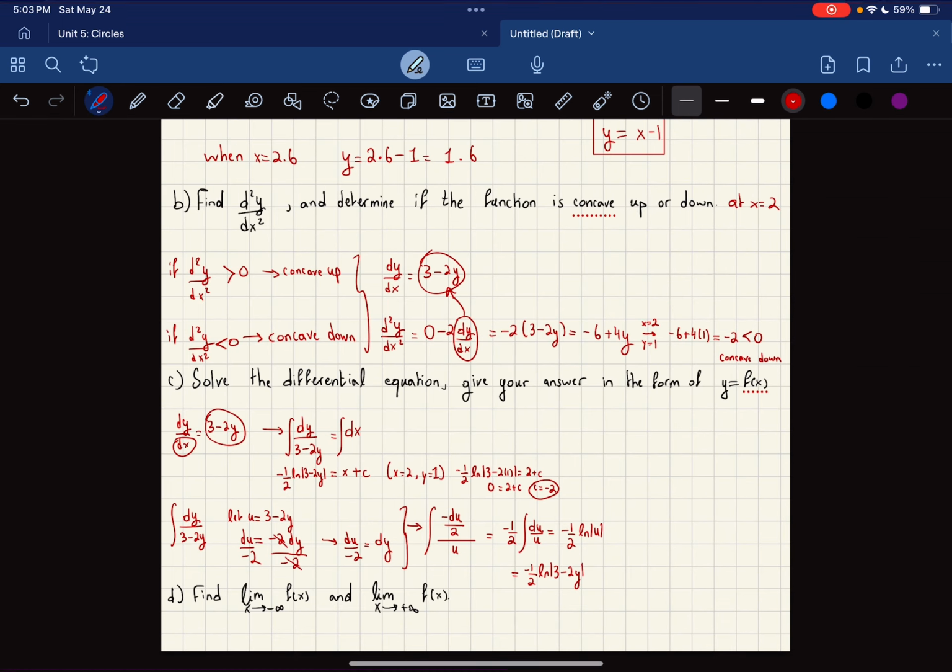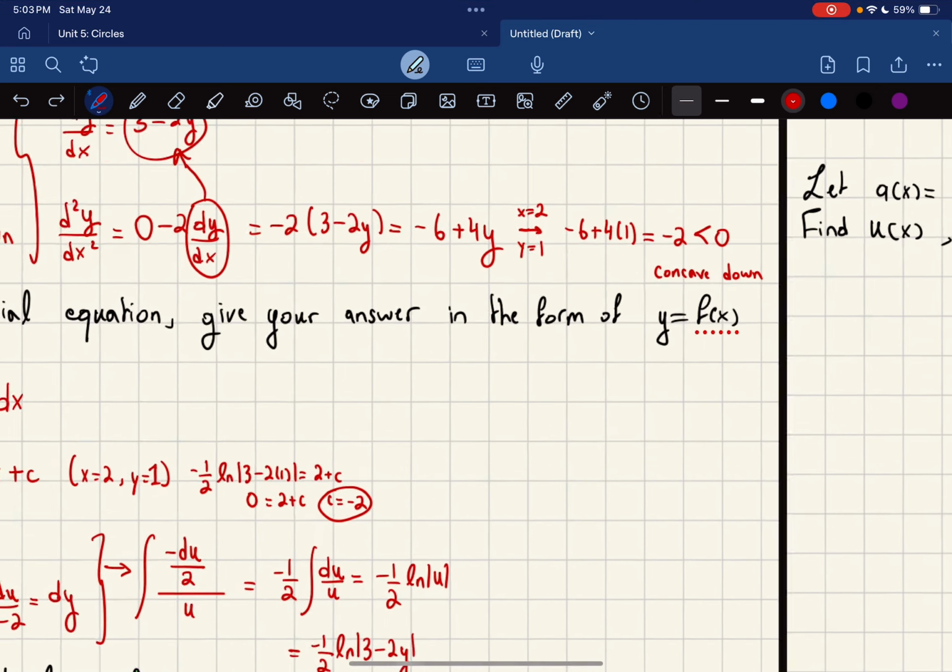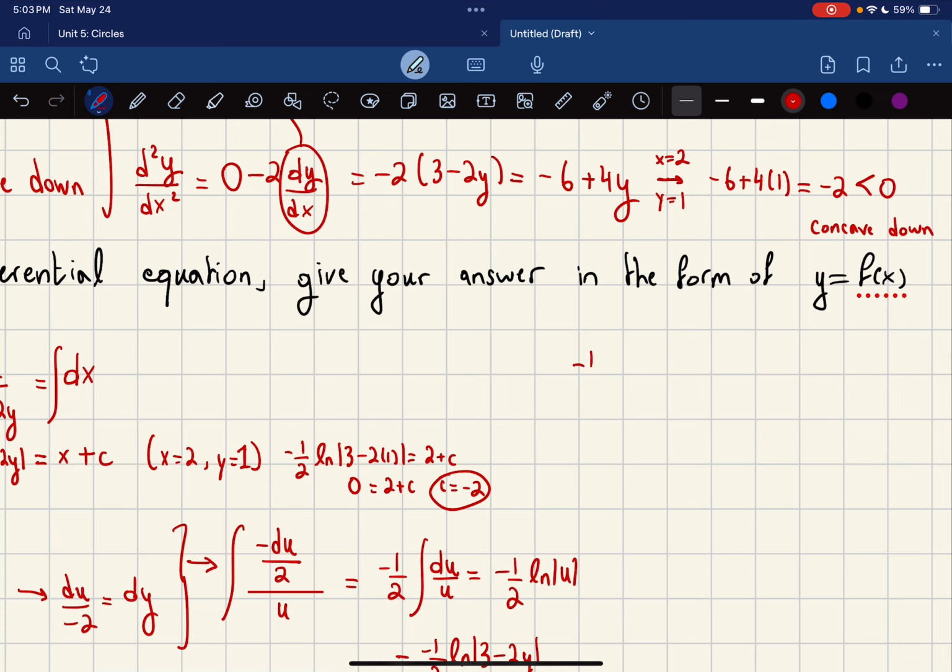So now I need to fix my equation. I'm going to rewrite what I wrote over here, but instead of c, I'm going to change it to minus 2. So minus half ln 3 minus 2y equals x minus 2. Now, I'm going to switch this with this. So then I will have minus x plus 2 equals half ln 3 minus 2y.